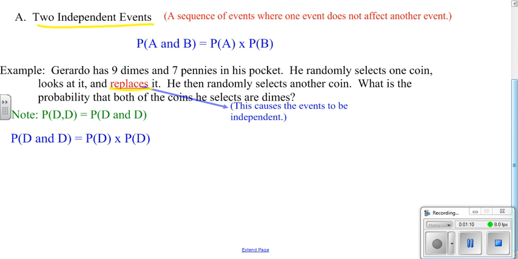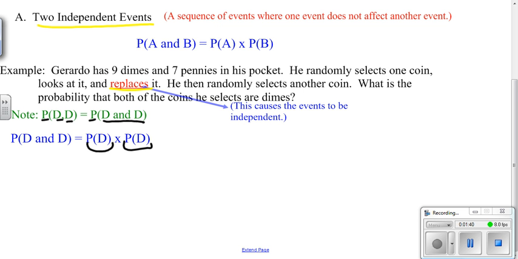Now that he has replaced it into his pocket, he then randomly selects another coin. What is the probability that both of the coins he selects are dimes? So again, looking at multiplying probabilities, if we want the probability of a dime and a dime, we do the probability of a dime times the probability of a dime.